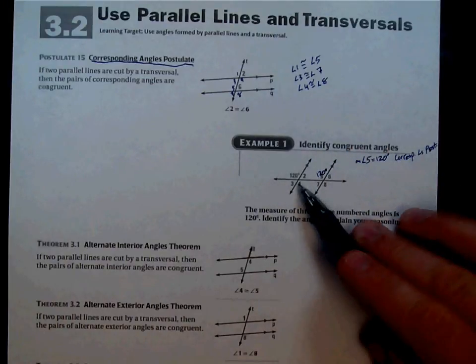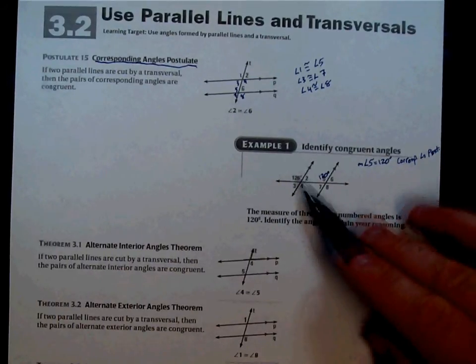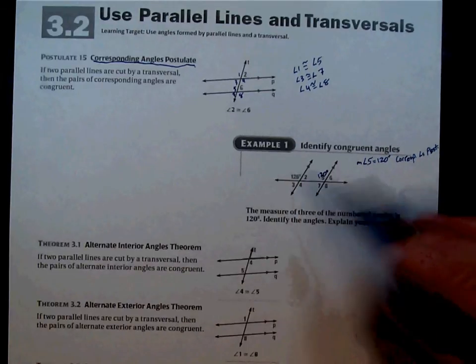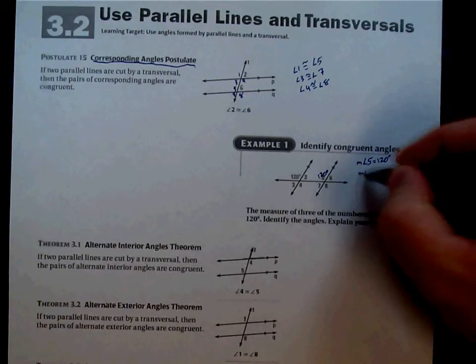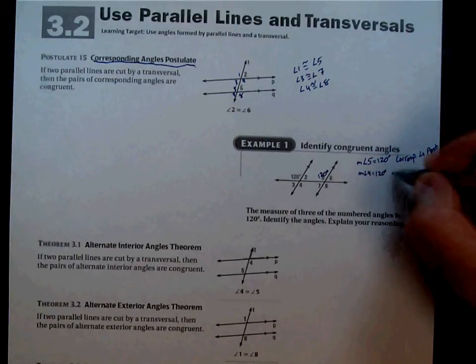Now, if we go back to last chapter, we talked about vertical angles. The 120 and this 120 degree angle, which is angle 1 and angle 4, are vertical angles. They're congruent to each other. So I know that angle 4's measure is also 120, and that's by the vertical angles theorem.